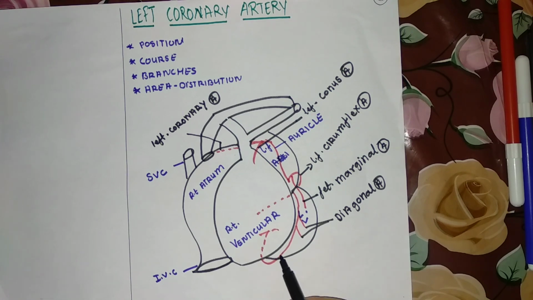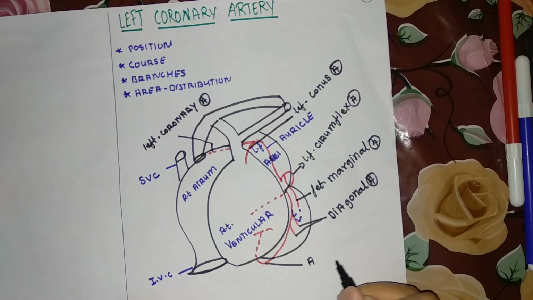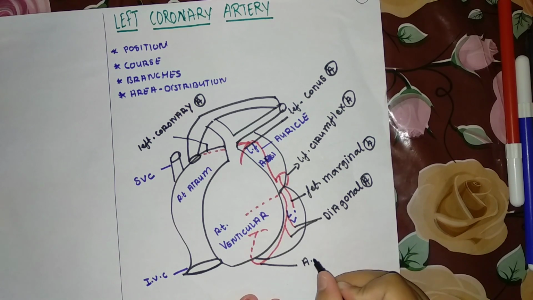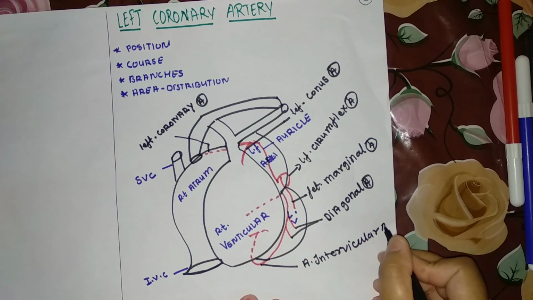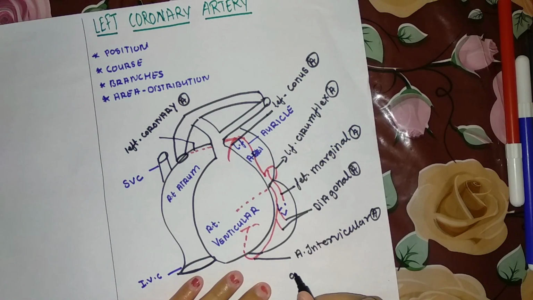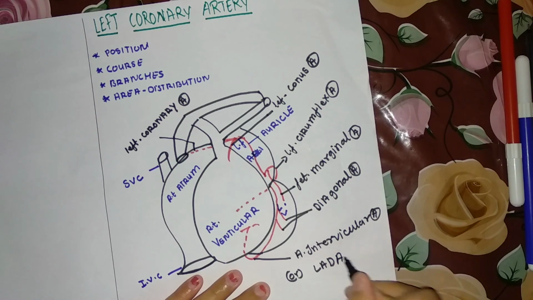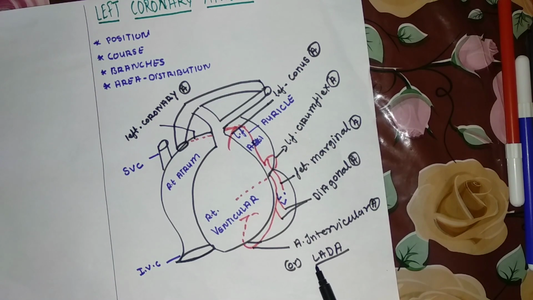This groove is called the anterior interventricular groove, and this artery is called the anterior interventricular artery, or LAD. LAD means left anterior descending artery.